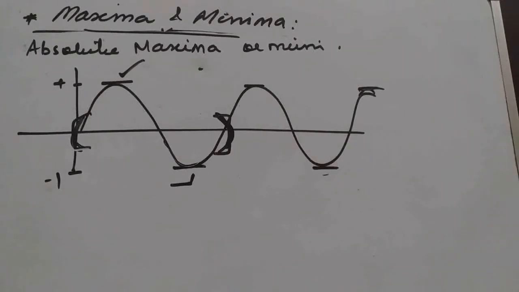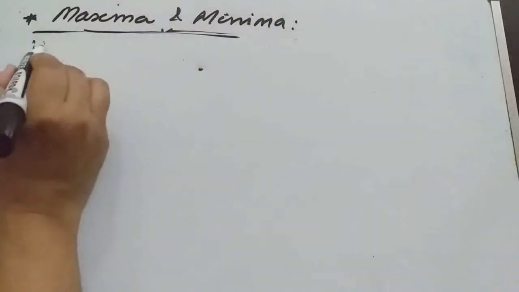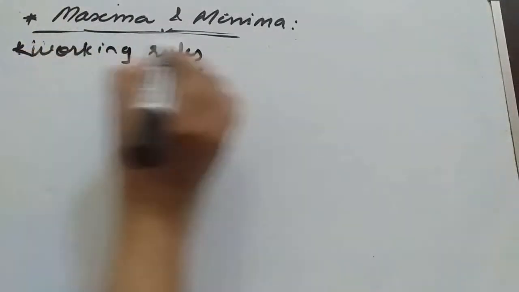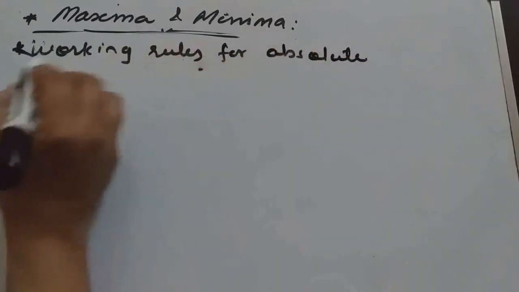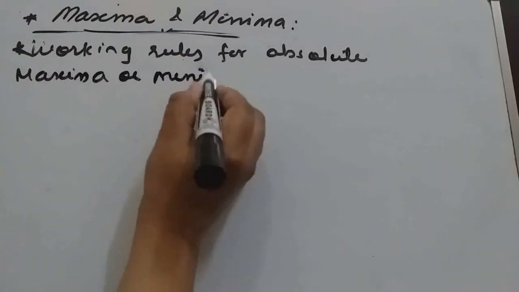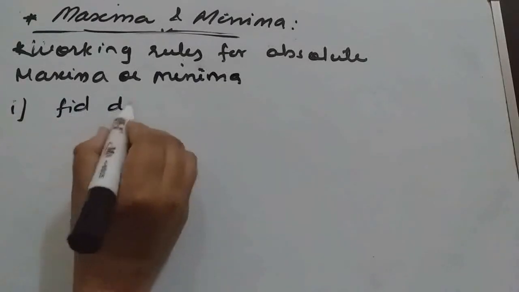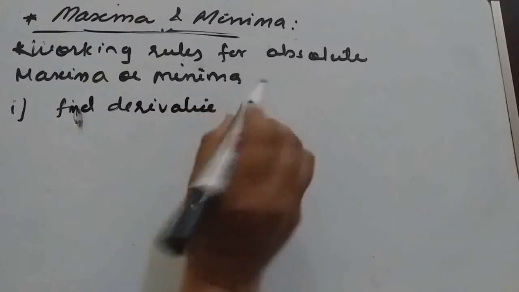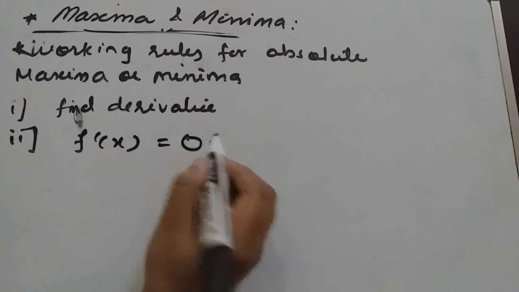Okay, now we will check working rules of absolute maxima and minima. First step is find derivative. Second step is also same, f dash of x equal to 0.